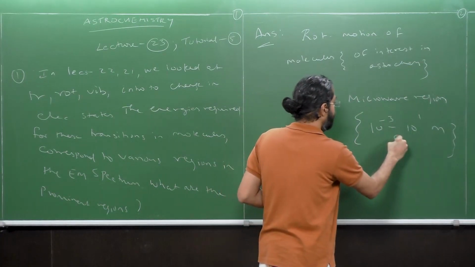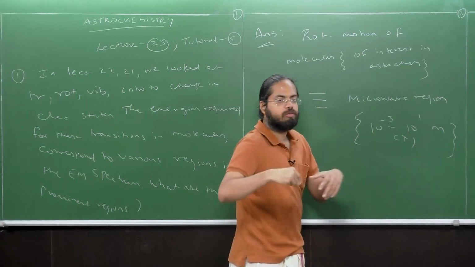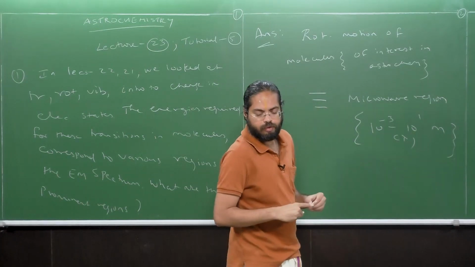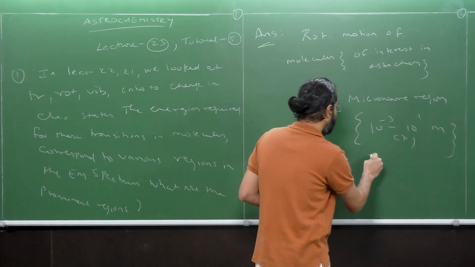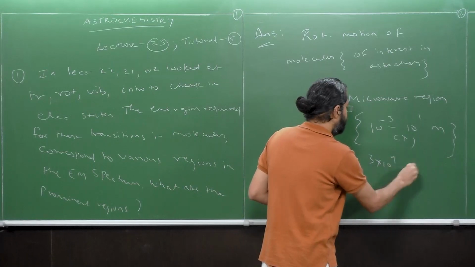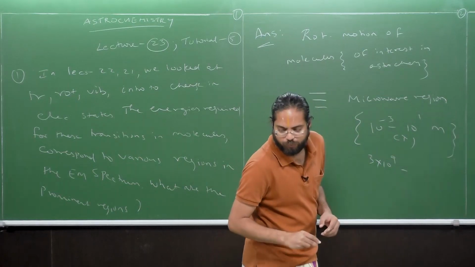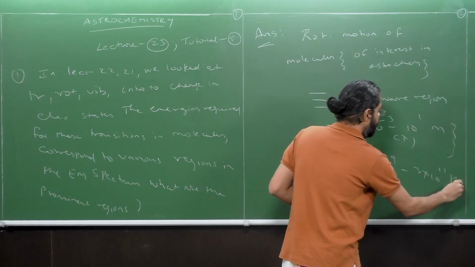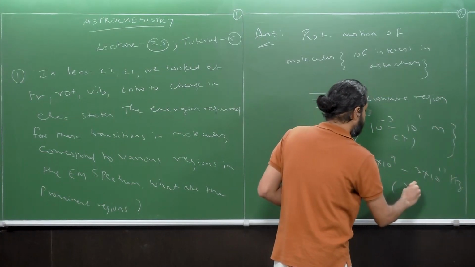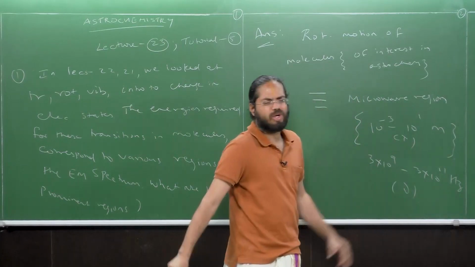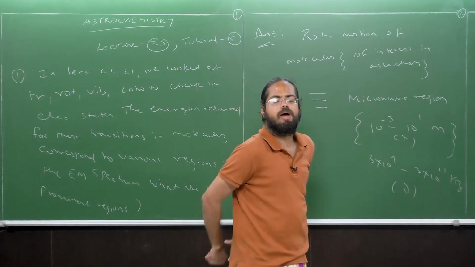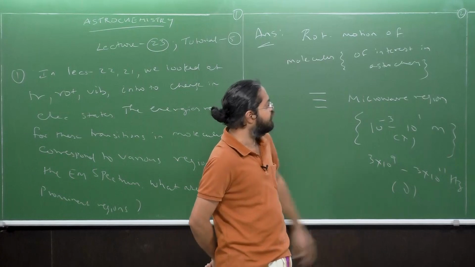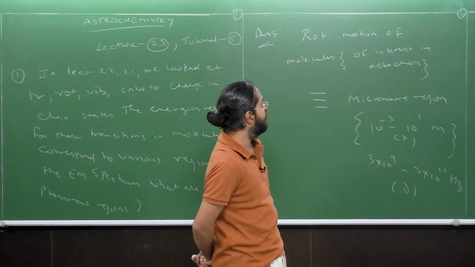wavelength. What is the corresponding frequency? It is going to be approximately 3 into 10 to the power 9 to 3 into 10 to the power 11 hertz. This is the frequency. You can also use E equals hc over lambda to find the energy range.